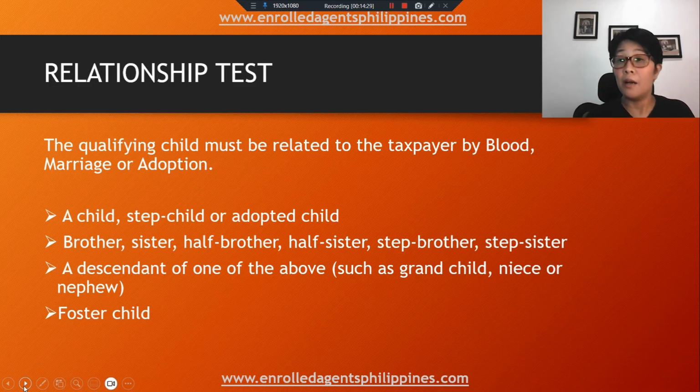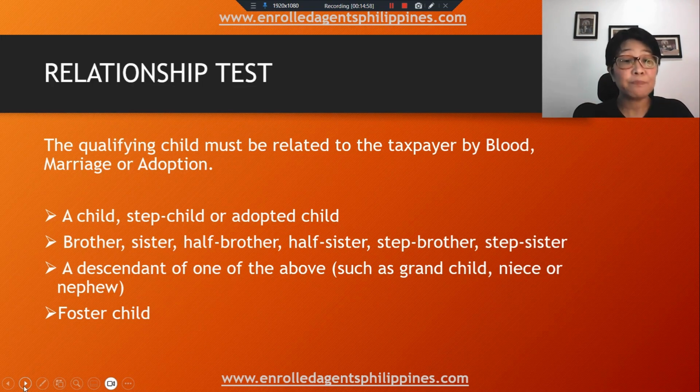Dagdag mo pa yung brother, sister, half-brother, half-sister, step-brother, step-sister. So pag yan na-satisfy, ibig sabihin, pwedeng mag-qualify as qualifying child. Pwede pa lang ha, hindi ko sinasabing qualifying child agad kasi kailangan masatisfy again yung lahat ng rules na sineset forth para ma-consider as qualifying child.